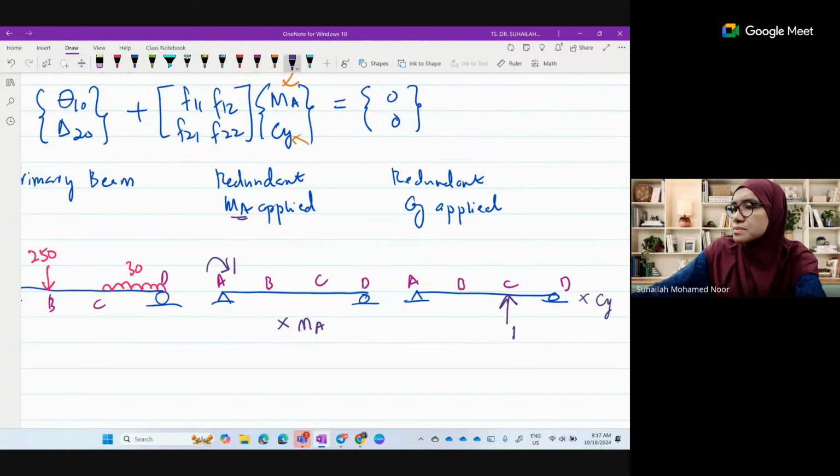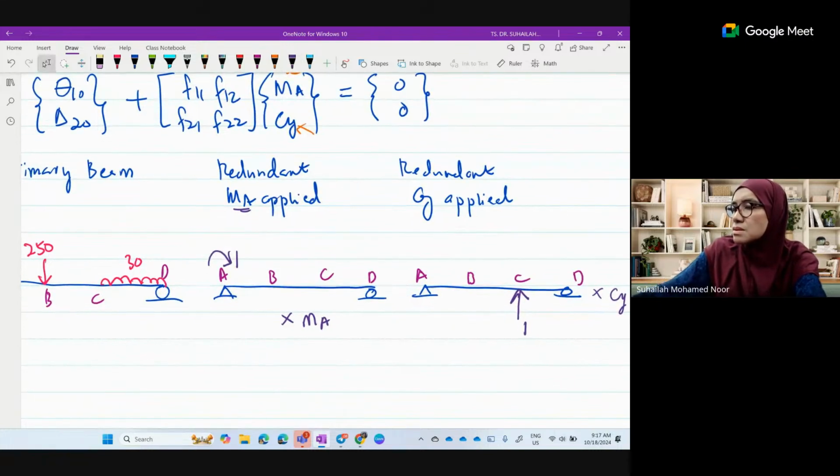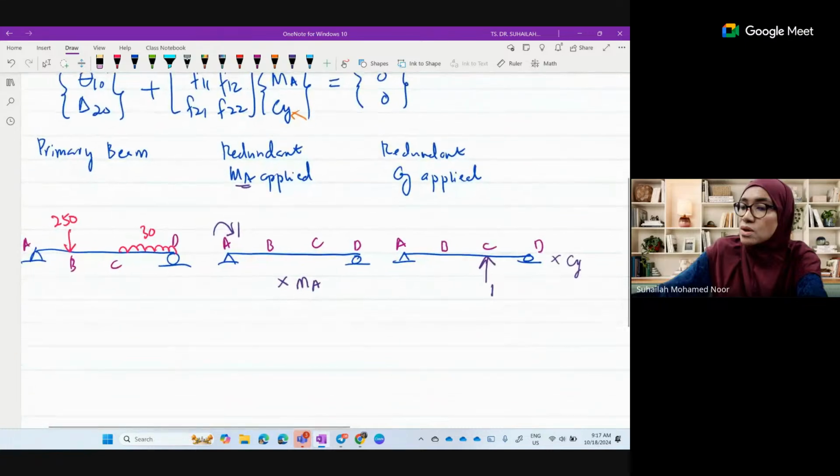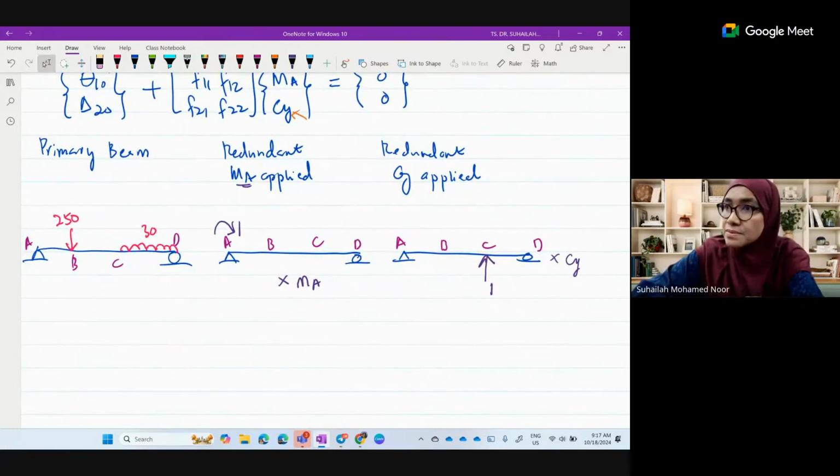Okay, a unit value of CY. Okay, so sebenarnya dalam solution ni MA dengan CY tu tak letak pun tak apa. Cuma kena nak tunjukkan dia adalah a unit value of MA and another one is a unit value of CY. Okay, so ini 3 sistem yang kita kena analyze.